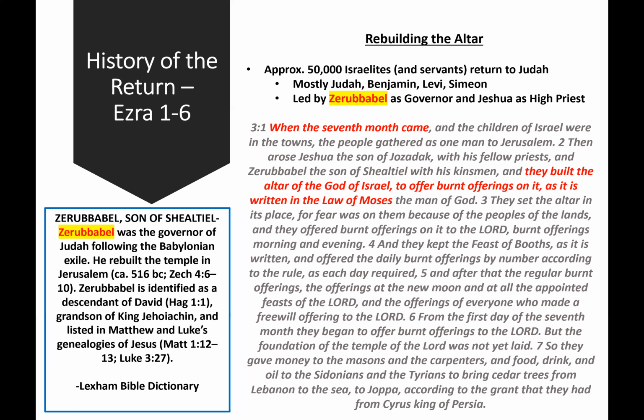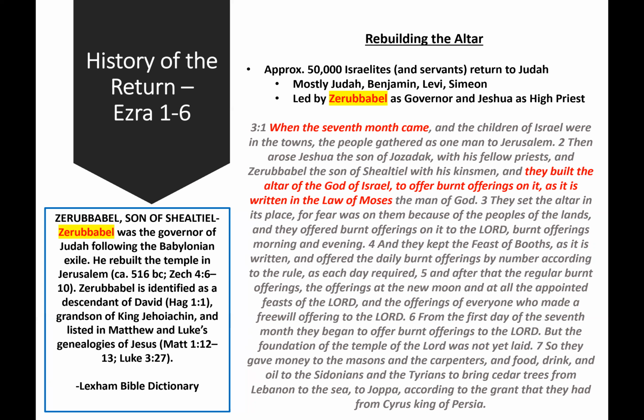They set up the altar in its place, for fear was on them because of the peoples of the land, and they offered burnt offerings on it to the Lord, burnt offerings morning and evening.